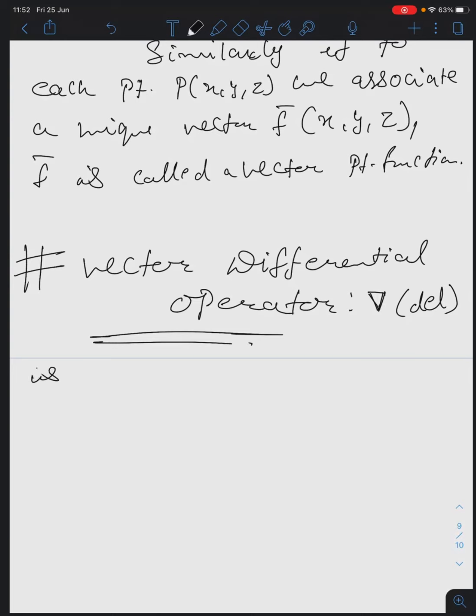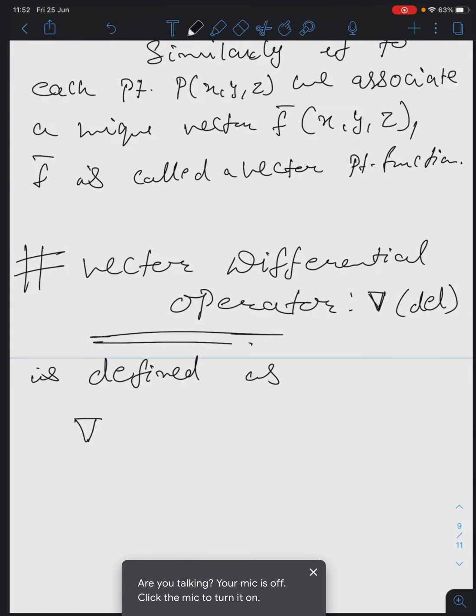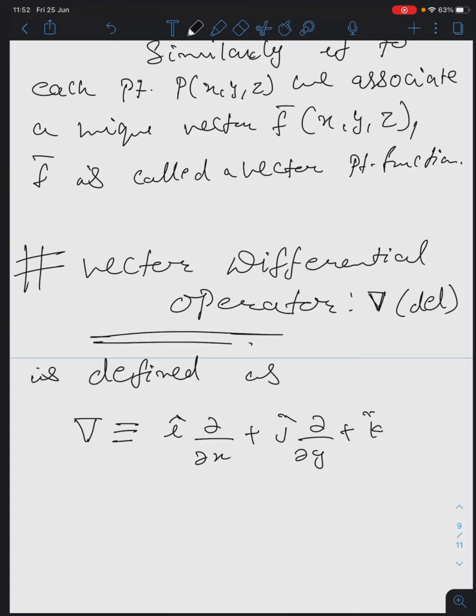Now let us see how this operator is defined. This operator del is defined as i cap dou by dou x plus j cap dou by dou y plus k cap dou by dou z. This is how the operator del is defined. Note it down.